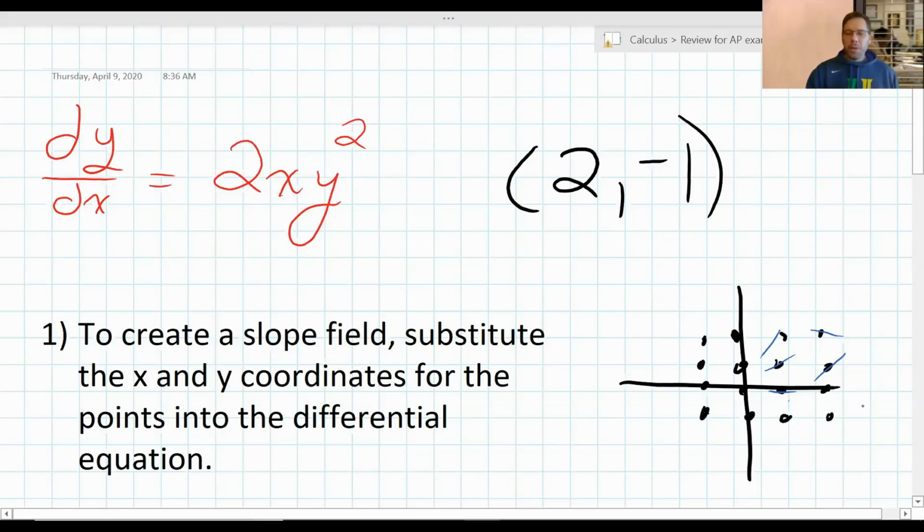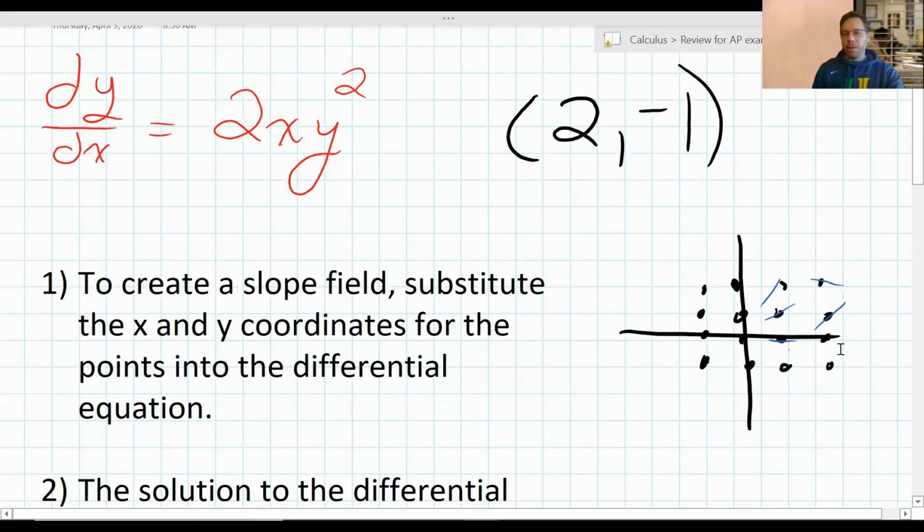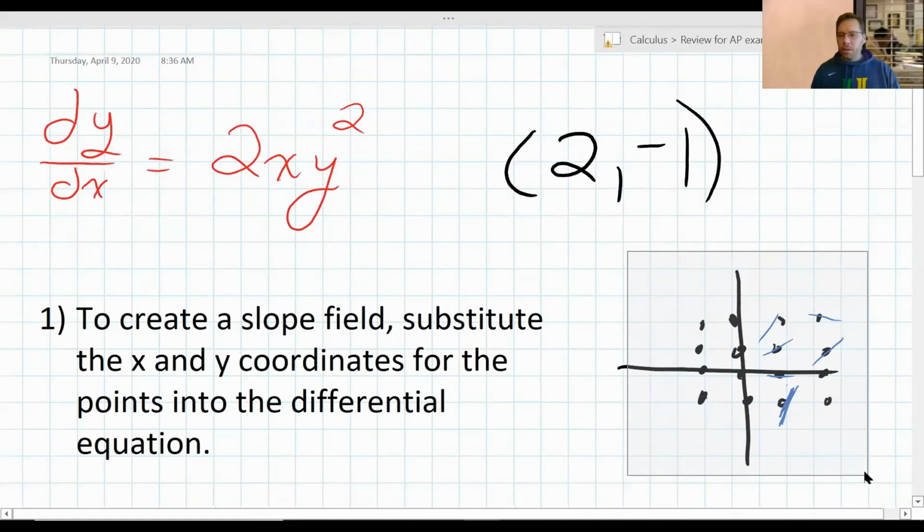So the bigger idea is that this is one of the most common errors involving the slope field.